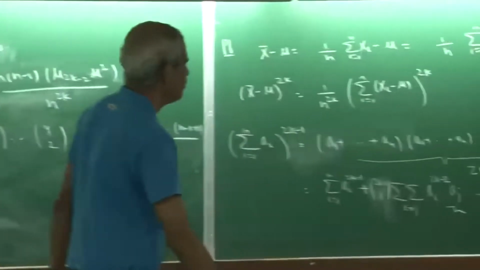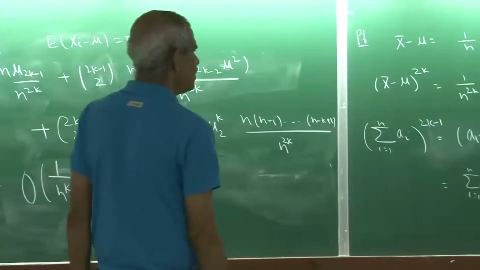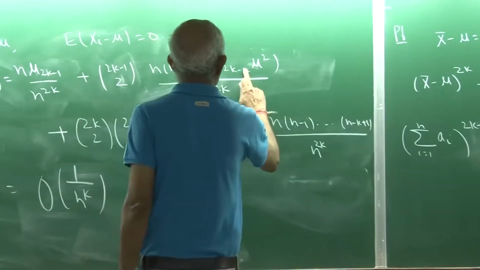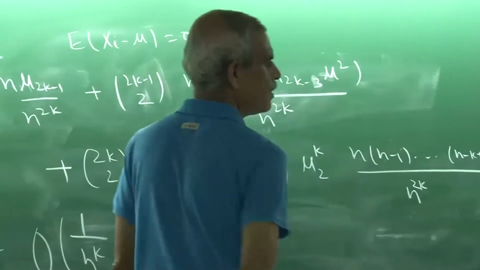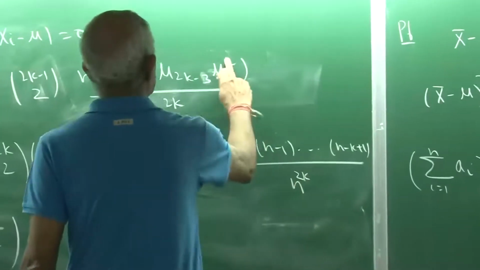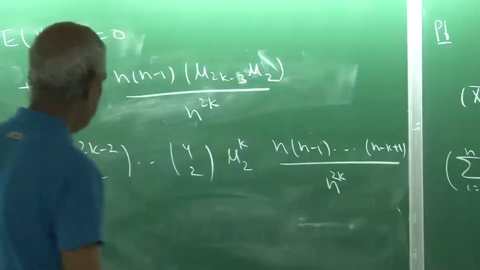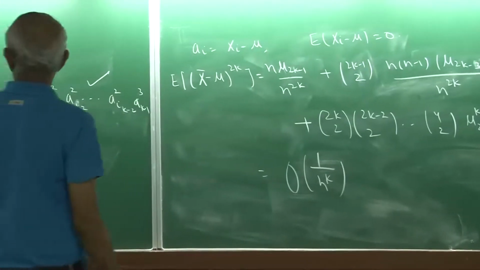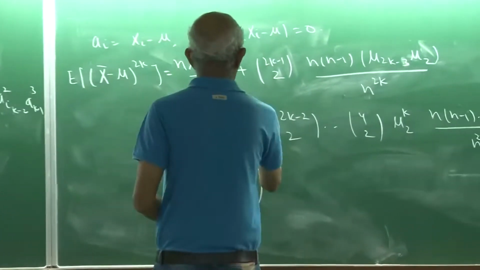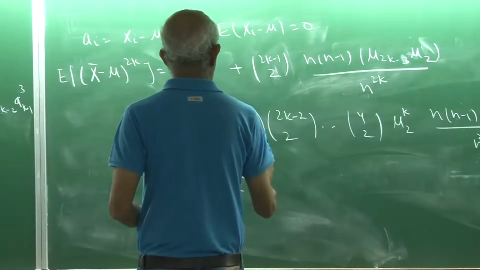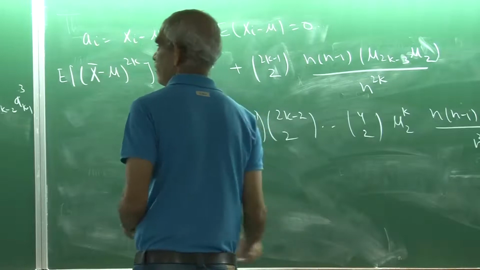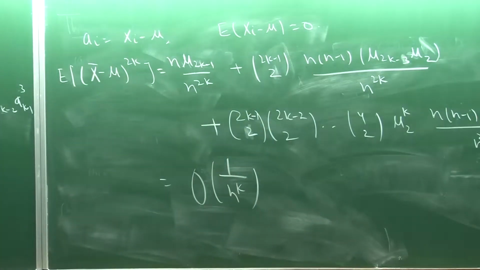This would become n into n minus 1, and then mu_2. Sorry, mu square I had written down, mu_2. Plus 2k minus 1 choose 1. Actually, it should be 2. No, for j only I am choosing 1.